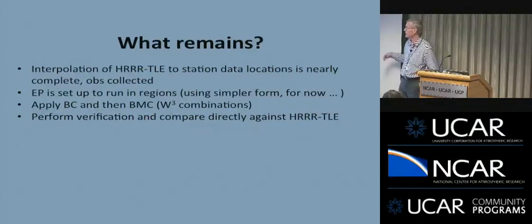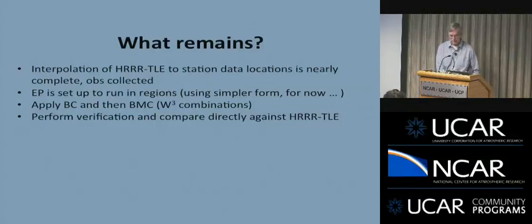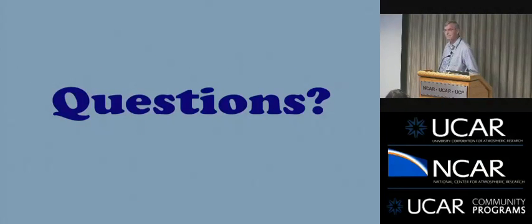And I use that to combine them. I find that gives good results from the Bayesian model combination. Then we'll perform the verification and compare that directly against the HRRR-TLE to form a baseline of how much we're adding by doing all of this. And that's all I have. So thank you.